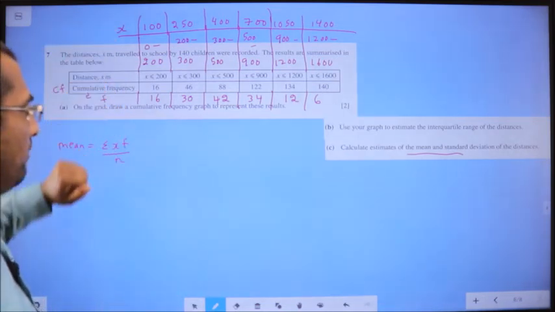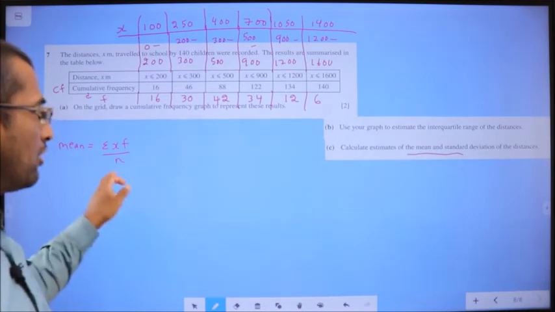Once we got x and f values, directly place it in this formula to get the mean.